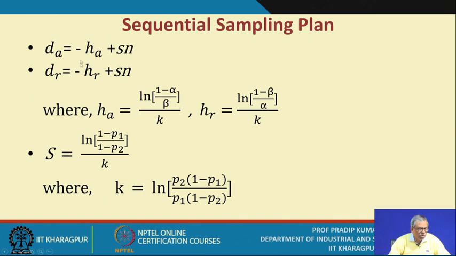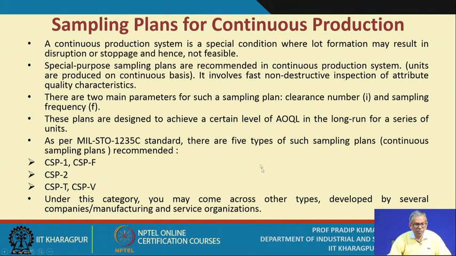Then you apply all these formulas, and you get the expressions for the rejection line, acceptance line, and the slope. This is the expression for slope. So all these details you will come to know, and you can define the sequential sampling plan.